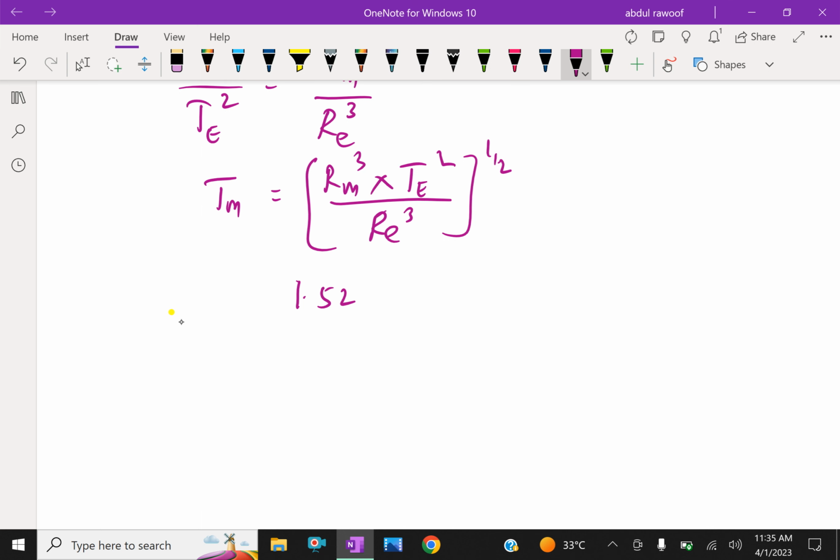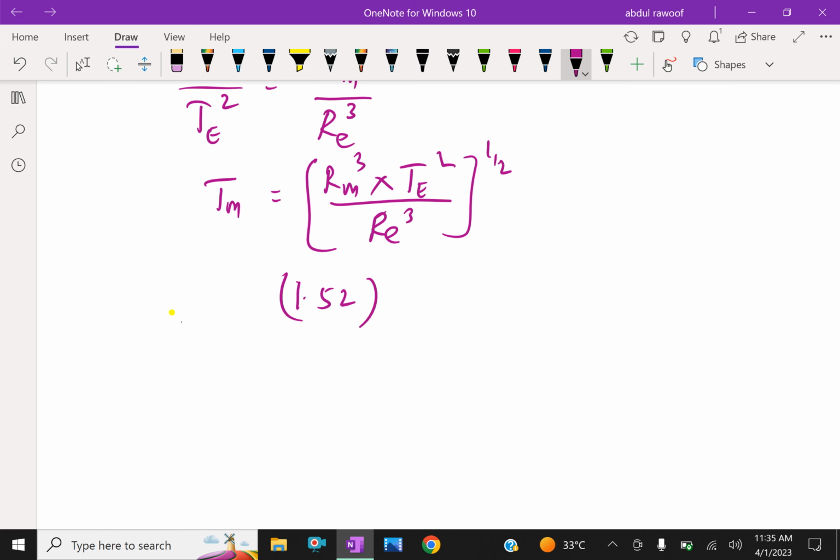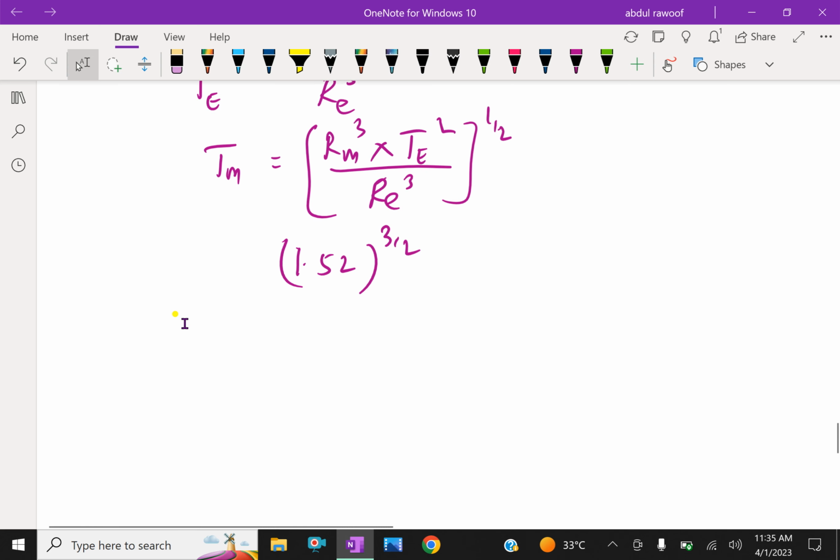Therefore, Tm equals 1.52 power 3 by 2 into 365. By using the values here, we get approximately 685 days, equal to 684.